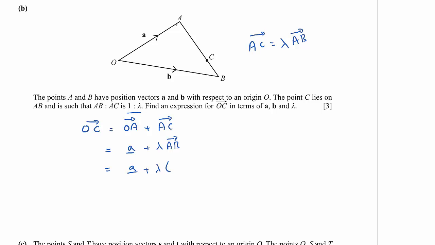A to B would be backwards along a, forwards along b. So that's minus a plus b. So that is going to be a minus lambda a plus lambda b, which is (1 minus lambda) a plus lambda b.